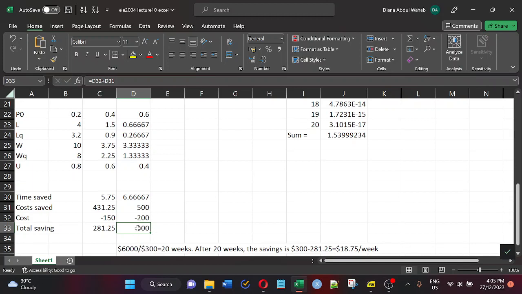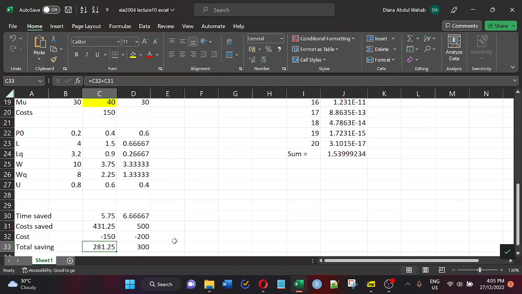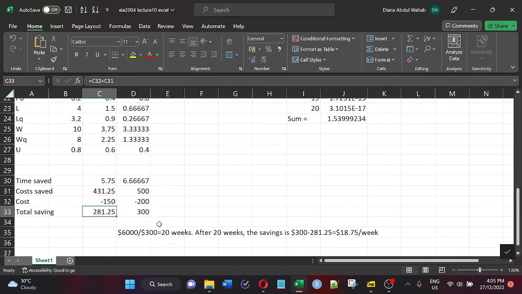So for the first 20 weeks you are not able to get anything, but after 20 weeks, you are able to get 300, which is actually larger than 281. So compared with the first alternative and the second alternative, the total saving for the second alternative is actually higher, except for the first 20 weeks. So you might also want to consider that as well.